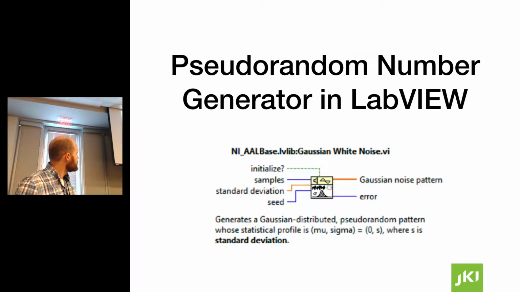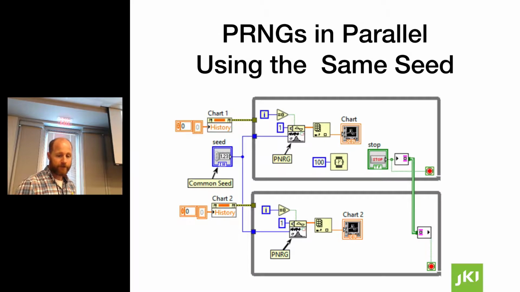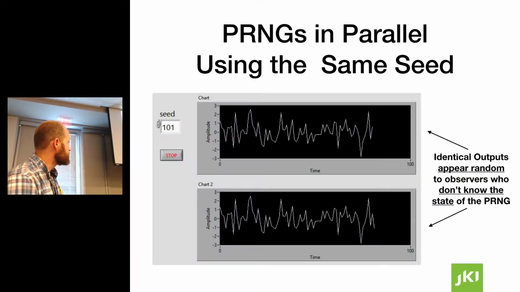LabVIEW has a pseudo-random number generator that I'll use in this example, which is Gaussian white noise, and I already mentioned that. We can use it to generate streams of random numbers indefinitely. It's kind of cool. What I wanted to show in this example is that if our random number generators in both loops use the same seed, then the upper loop and the lower loop have the exact same waveforms of random numbers.